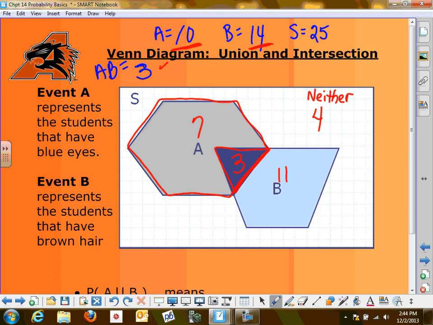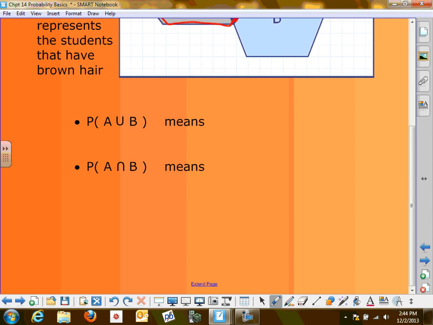Okay, good. Now, a couple other notations. Let's talk about union versus intersection. This symbol here stands for union. Union you can think of as or. You don't have this on your paper except for it's already written on one of the pages, but you can write it somewhere if you want. But anyway, union is or, but I also want you to think of it as the union all together.